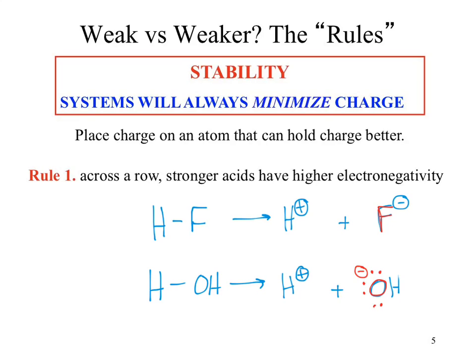So if we're comparing our conjugate base atoms where the negative charge is held, the stronger acid will have the higher electronegativity. So when we compare HF and technically HO in this case, the atom that holds the negative charge is fluoride or oxygen. Where are they on the periodic table? In the same row. So we can compare based on electronegativity in this case.